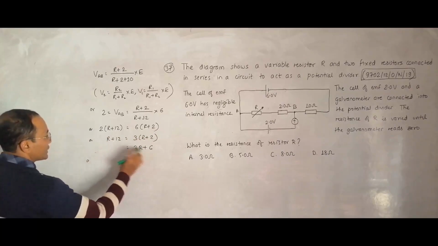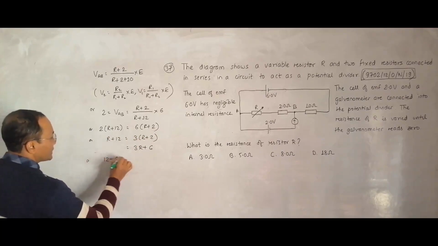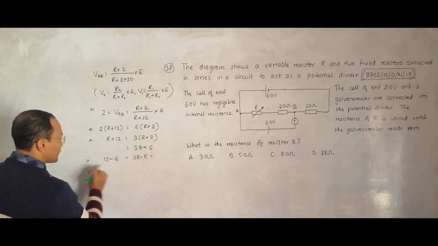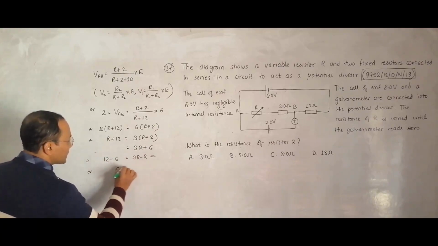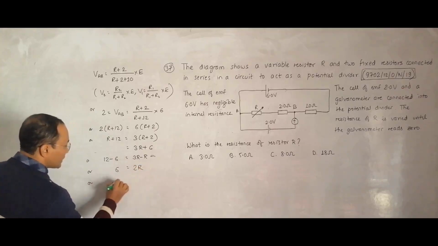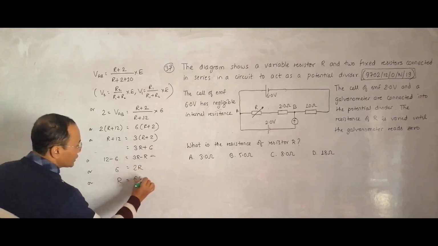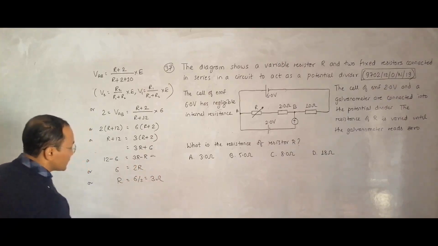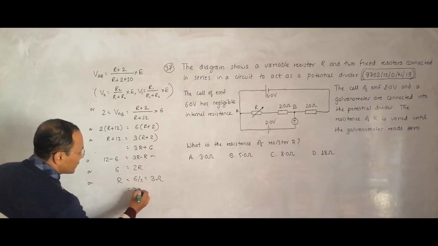Then 12 minus 6 equals 3R minus R, which gives 6 equals 2R, so R equals 6 by 2, equals 3 ohm. With proper significant figures, it becomes 3.0 ohm.